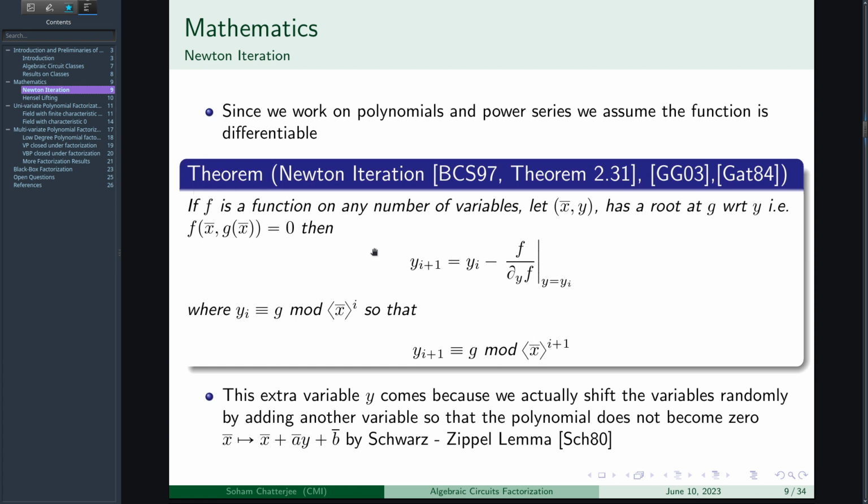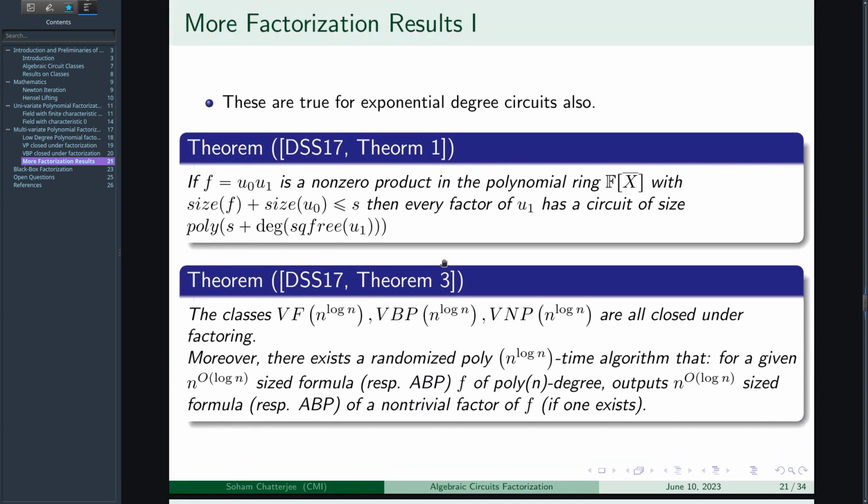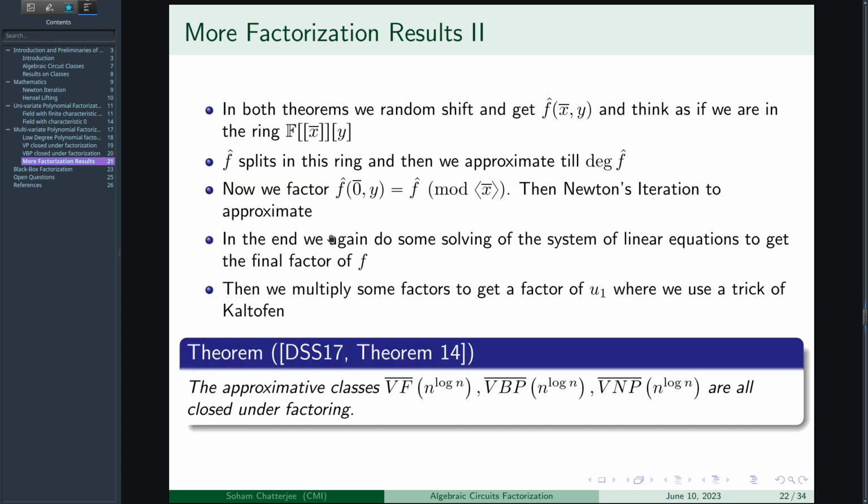In ABP and formulas we cannot reuse computations, so that's why we have a blow up in results. They have proved that we cannot make it better here. This paper is by Pranjal Dutta, Nitin Saxena, and Amit Kumar Sinha. You can read that paper.